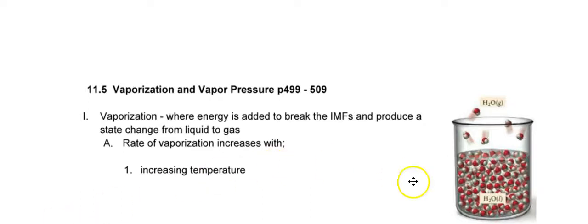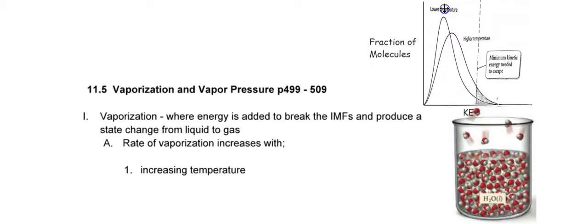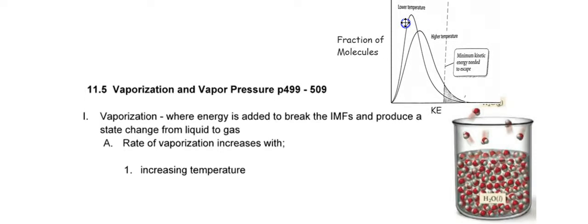Let me show you a graph right here. This goes back to what we did in Chapter 5 when we talked about things in the gas phase. Here we have kinetic energy, and this is the fraction of molecules. Notice that when it's a lower kinetic energy or lower temperature, aren't we all moving in a bigger pack?